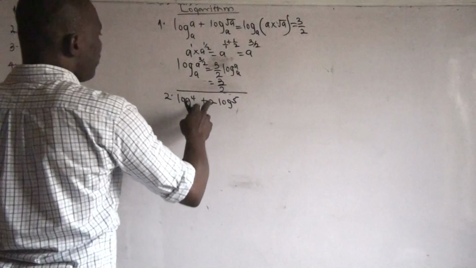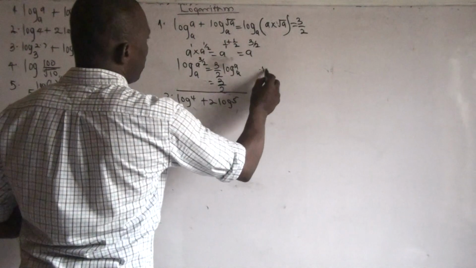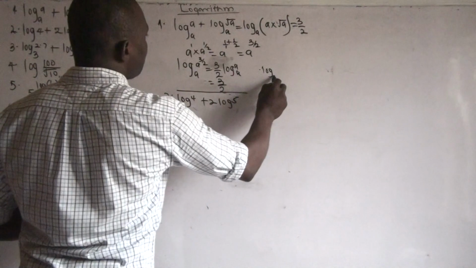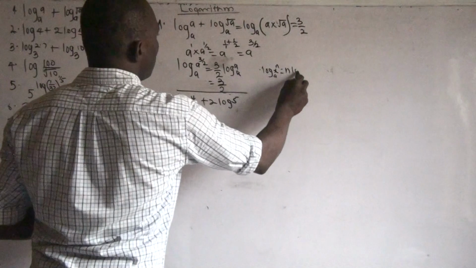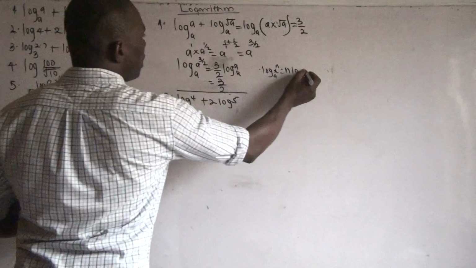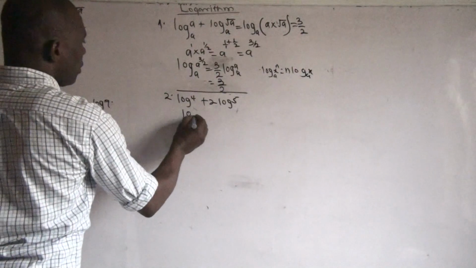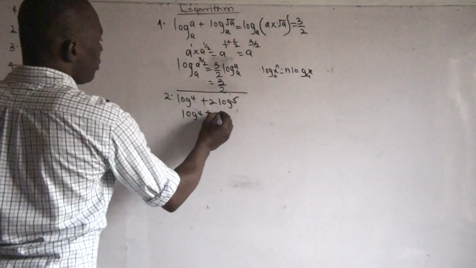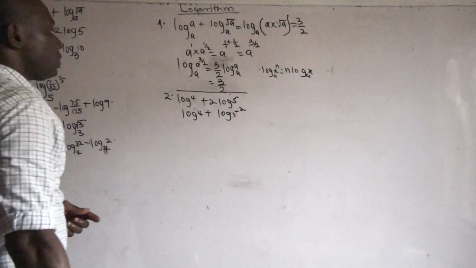Then we have to reverse this law. Because we said that log base a of x raised to power n is n times log x. So that means this one, we'll move it this way, and it becomes log 4 plus log 5 raised to power 2.